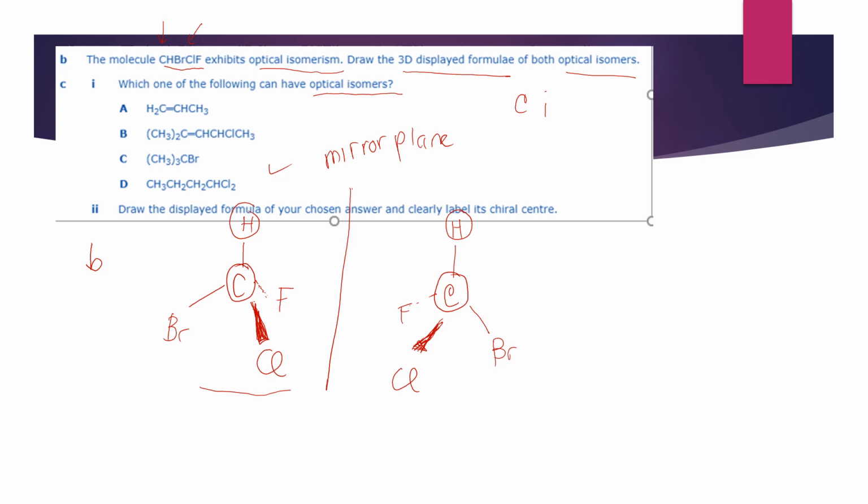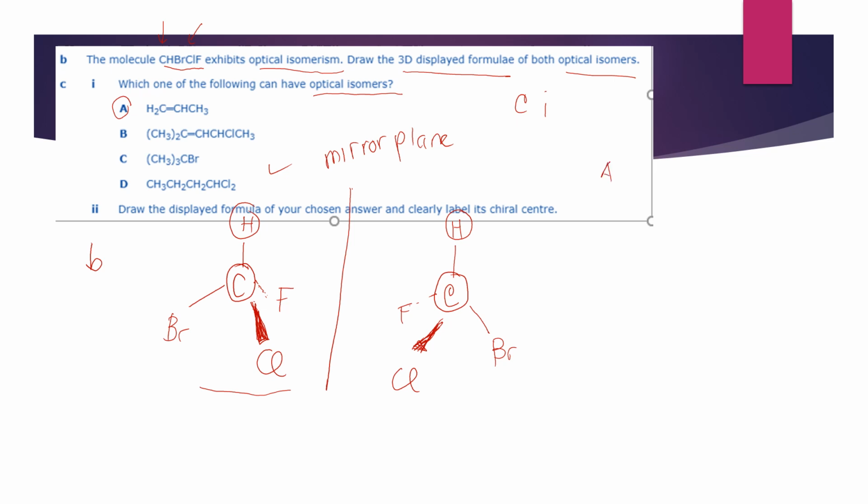The chiral center is the carbon attached to different atoms or groups of atoms. Then check number A, CH2=CHCH3. For checking the chiral center, we need to draw the displayed formula.